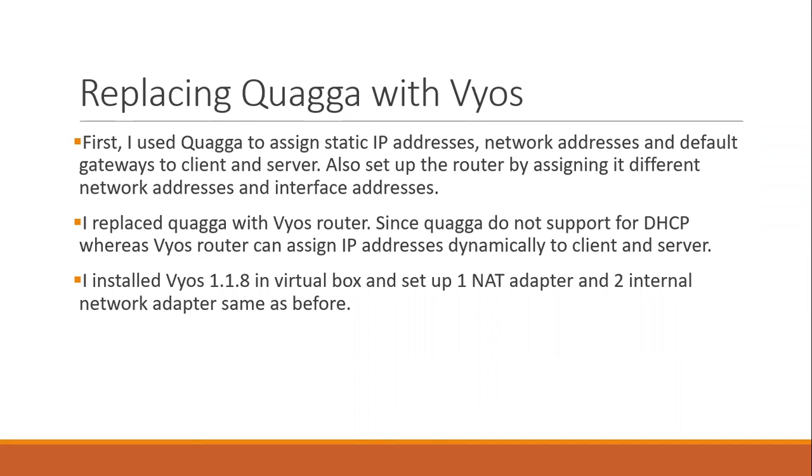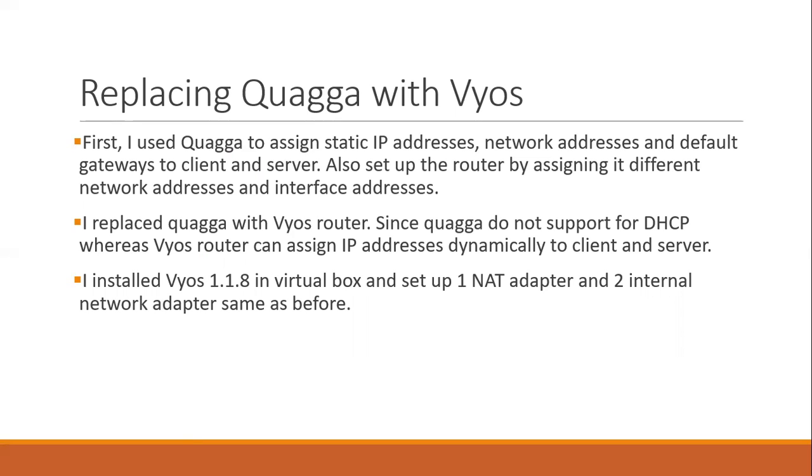And I also set up the router by assigning it different network addresses and interface addresses. I replaced Quagga with a Vyos router, since Quagga does not support DHCP, whereas the Vyos router can assign IP addresses dynamically to client and server.